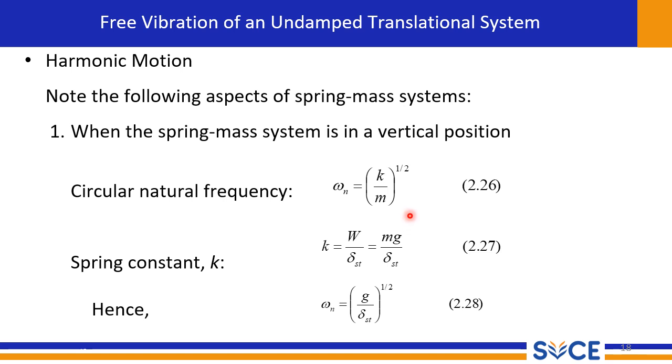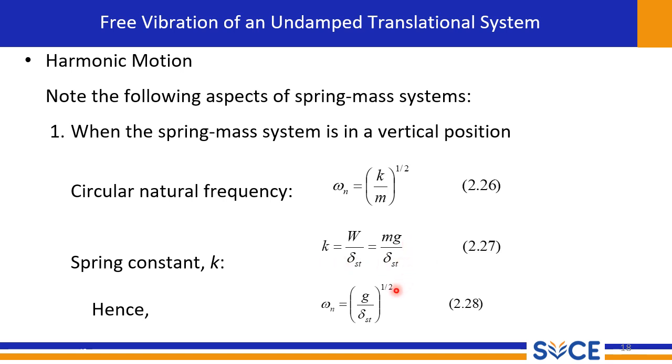However, in a vertical spring mass system, we can express the spring constant K in terms of weight and the static deflection. As we discussed earlier, at static equilibrium, the weight equals the spring force, W equal to K del static. Since the weight equals mg, we can also write stiffness equal to mg divided by del static.